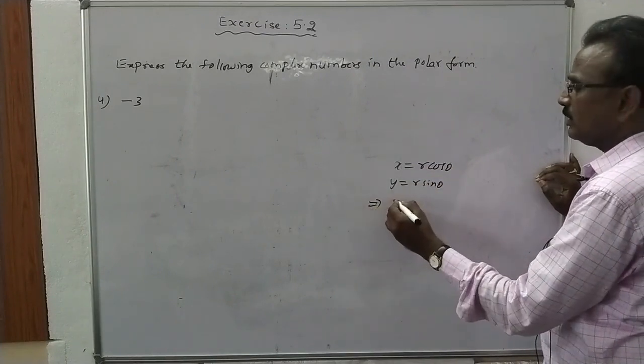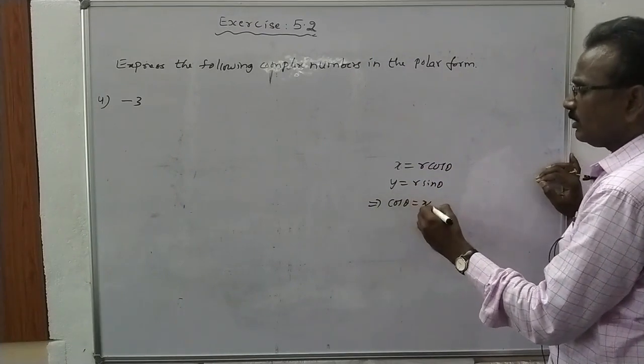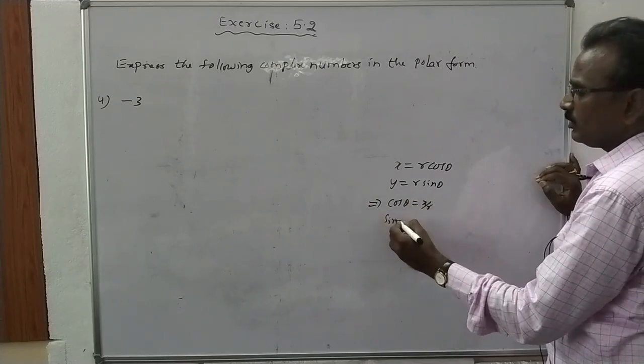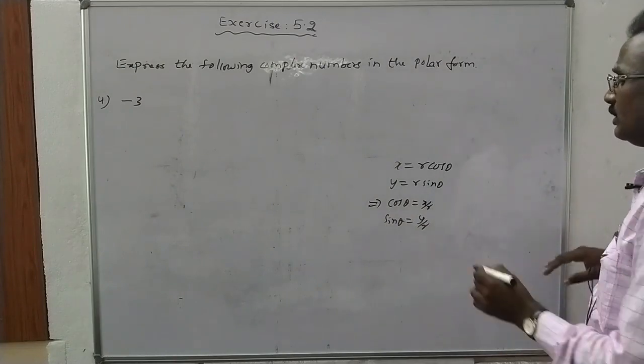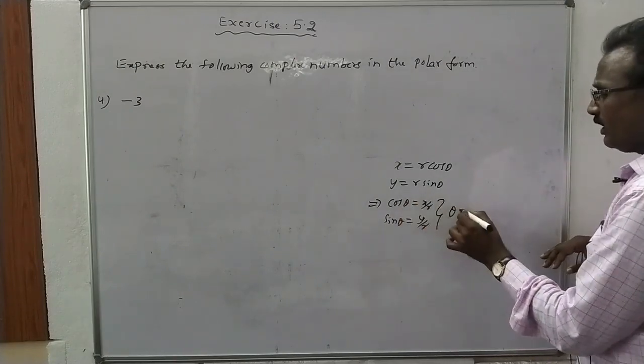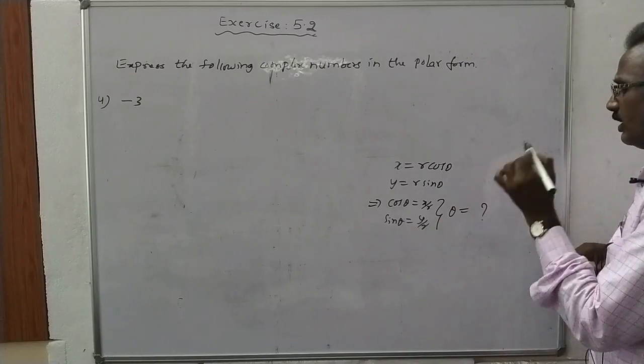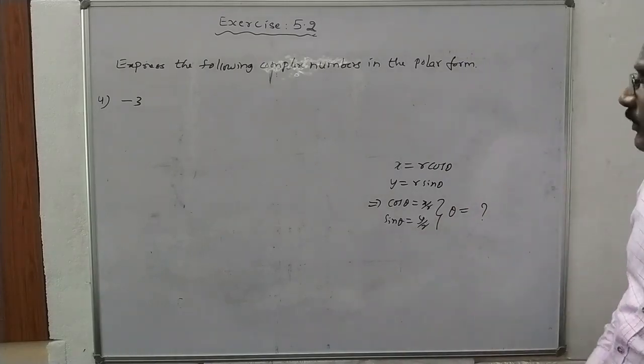So this implies cos theta is equal to x by r and sin theta is equal to y by r. We have two equations. So what is the value of theta? The value that satisfies these two equations is the argument theta.